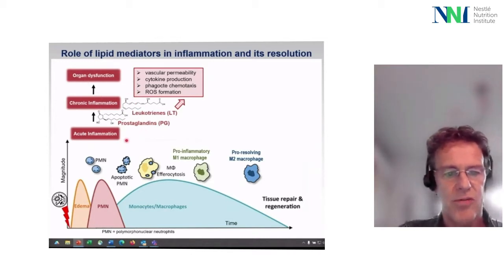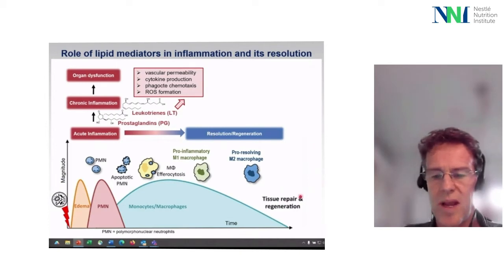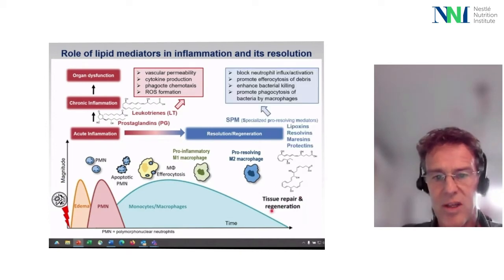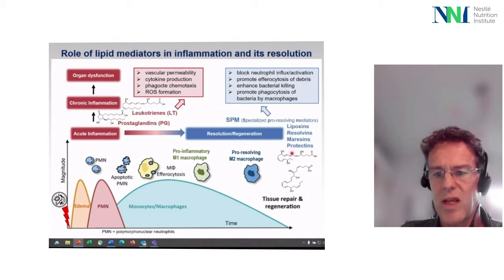However, usually acute inflammation is also terminated. It is resolved and tissue is repaired and regenerated. Interestingly, here too lipid mediators play a key role, called specialized pro-resolving mediators, which include lipoxins, resolvins, maresins, and protectins.